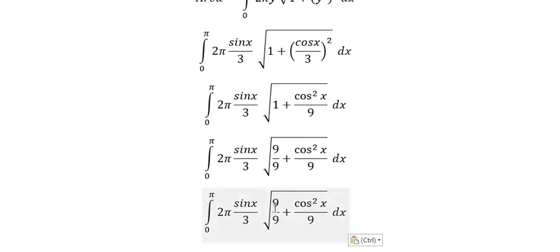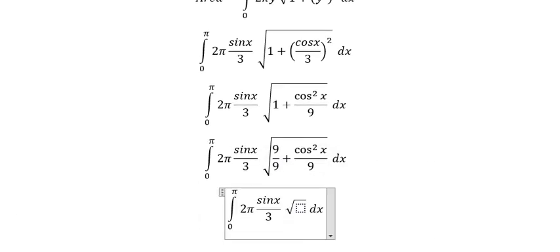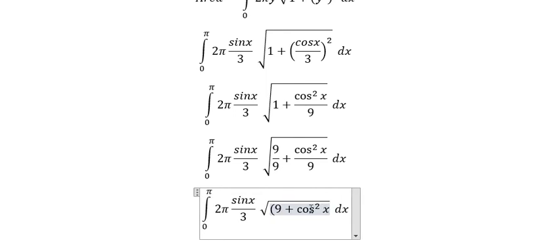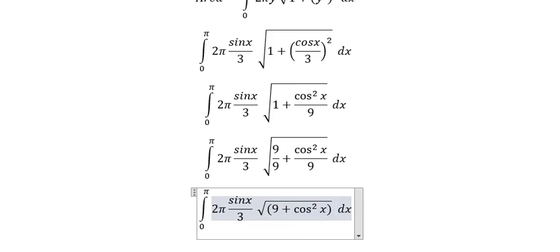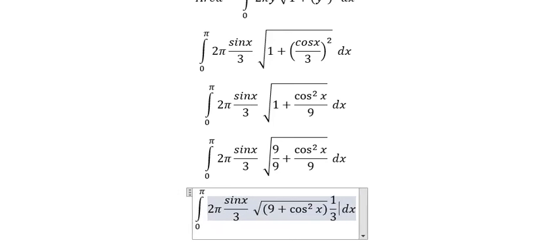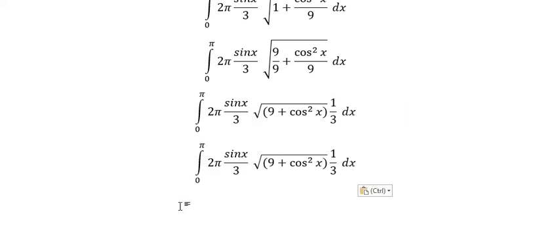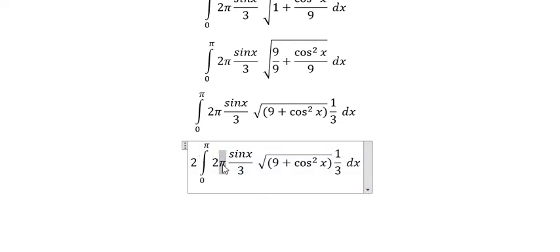So we do a common denominator. So we have 9 plus cosine squared x. The square root of 9 is 3. So we have 1 over 3 in here. So I will put 2π and number 3, and number 3 goes outside. So we have 2π over 9.